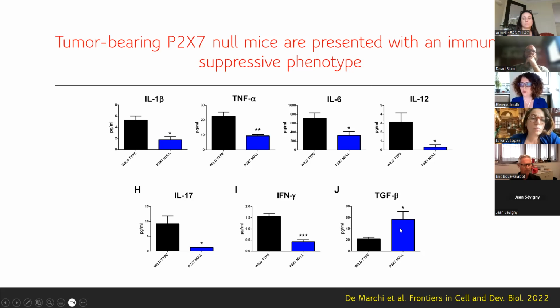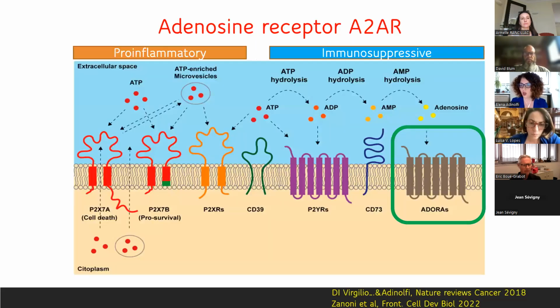So all this situation, the upregulation of CD39 and CD73 on the immune cells, and all this reduction of pro-inflammatory cytokines made us think about immunosuppression in the P2X7 null mice, which could be mediated by the adenosine receptor, as adenosine is the end product of degradation by CD39 and in particular by CD73.